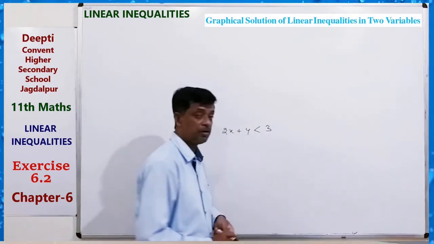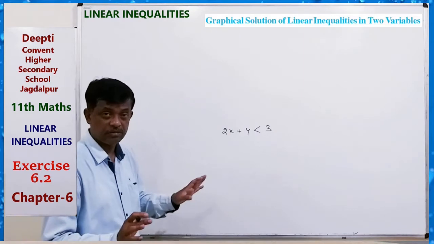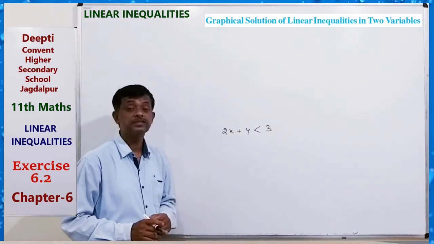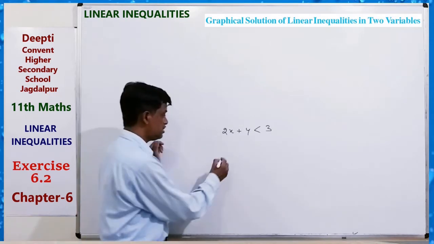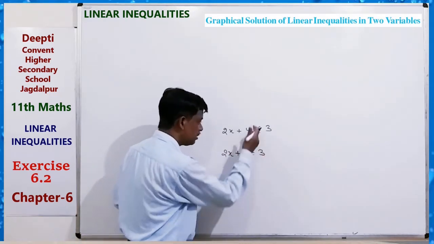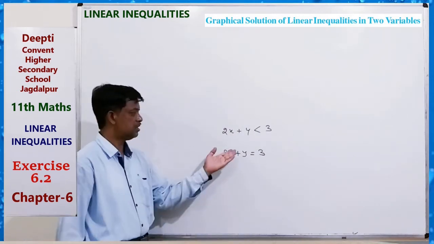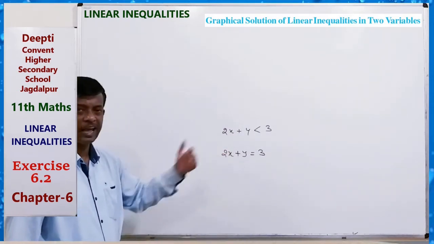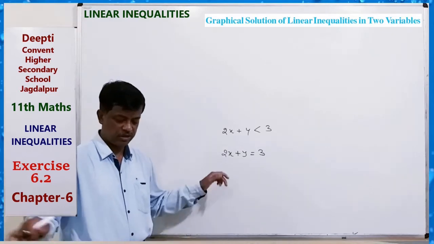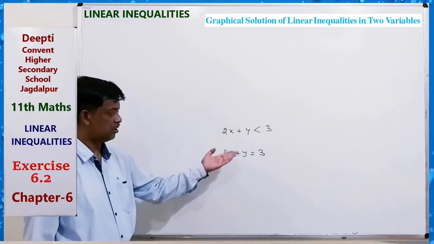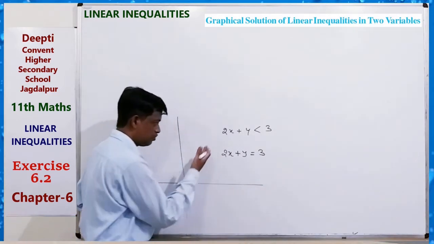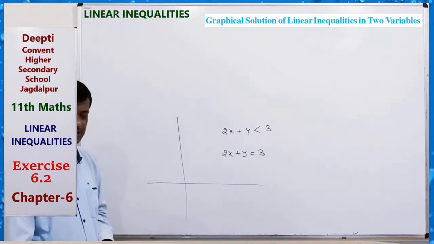first of all, our method is to draw its linear equation, that is, take 2x plus y equals 3. Take it equal to 3. Now this is the equation of a line. We can draw this line in the xy plane by taking 2 points and joining them.